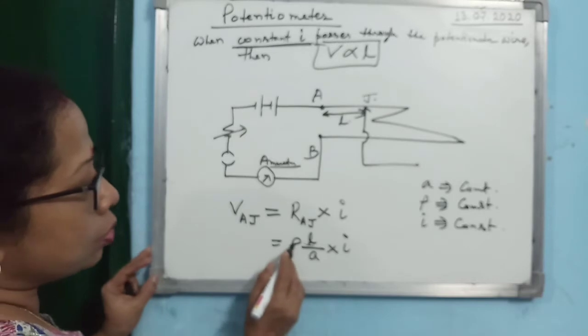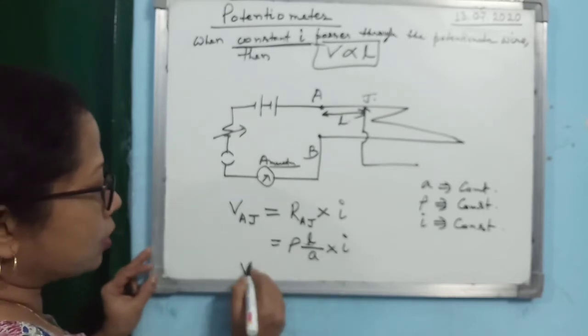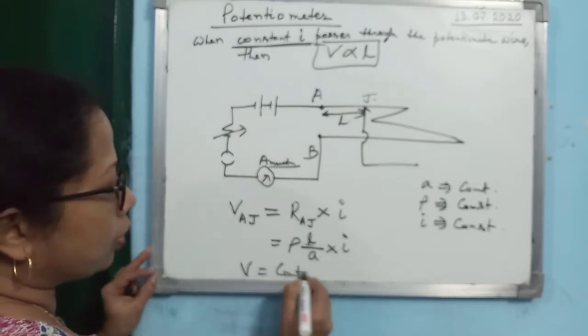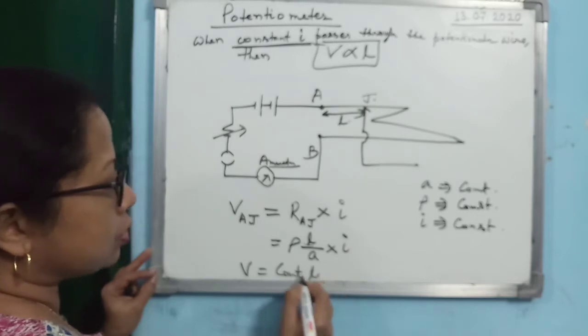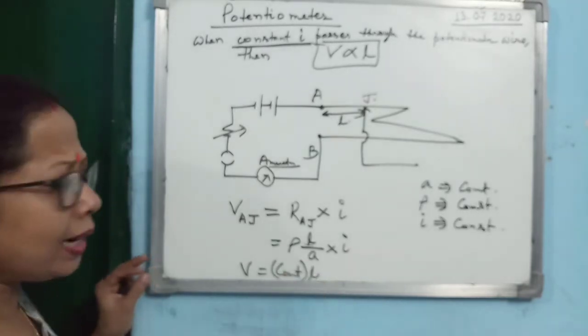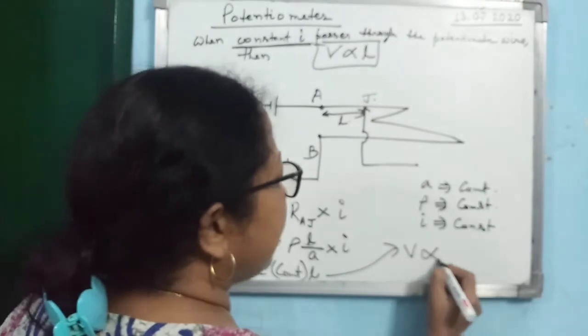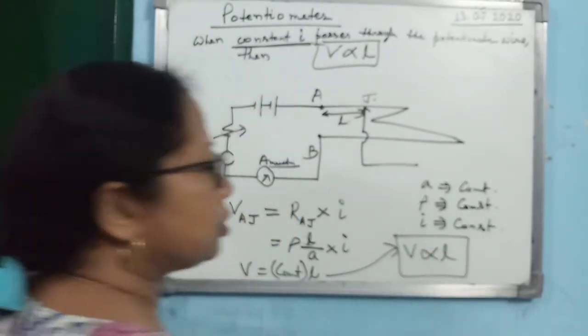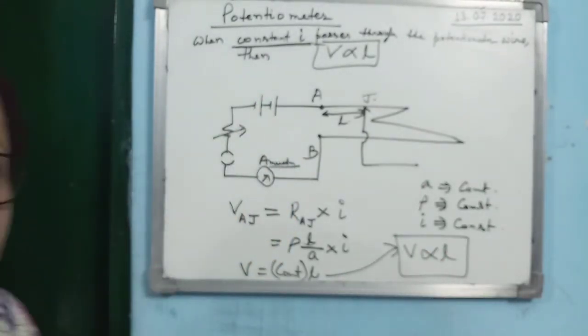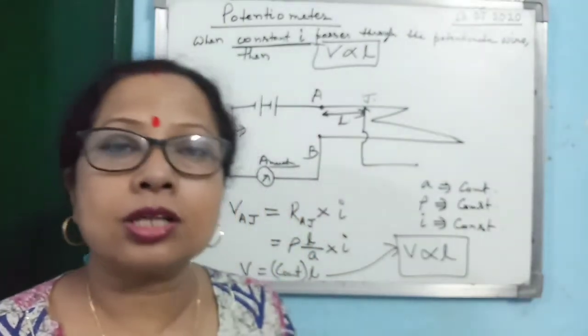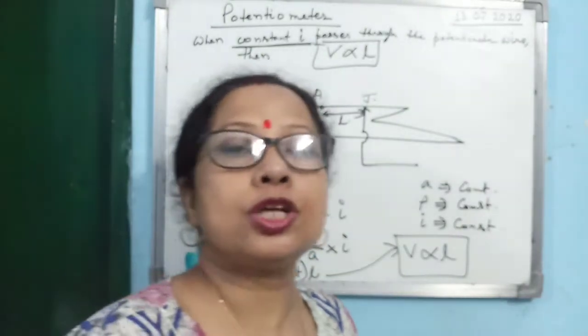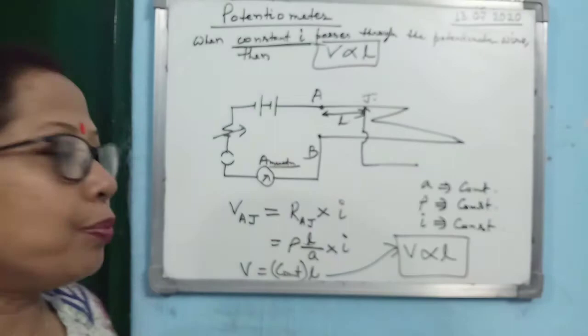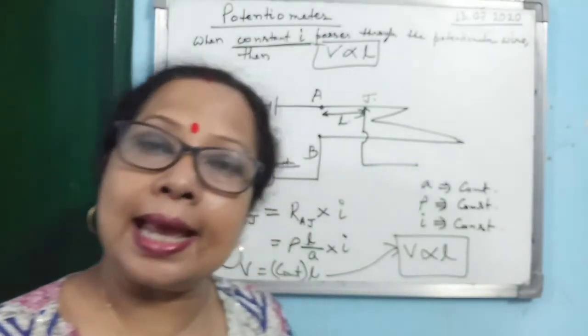V is equal to some constant into I, so what you can write? V is equal to some constant into L. So one can say that V is proportional to L. Means potential difference across any length of the potentiometer is directly proportional to its length.